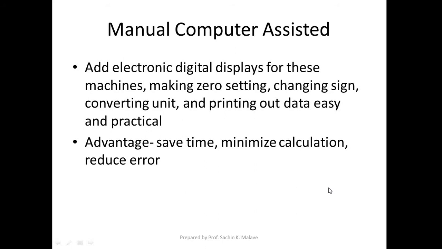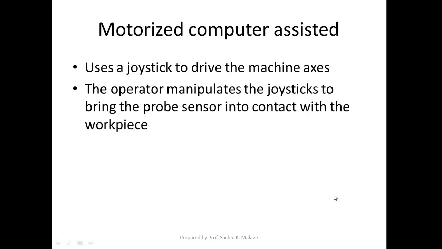So you can say it is a mixed type of mode, where some part is done by the computer and some part is done by the human. That's why it is called computer assisted manual control.